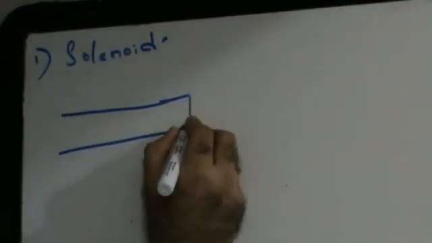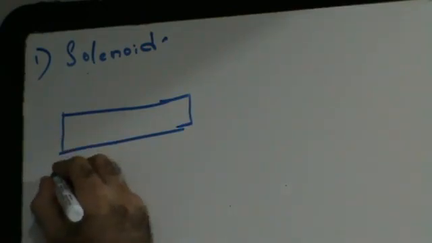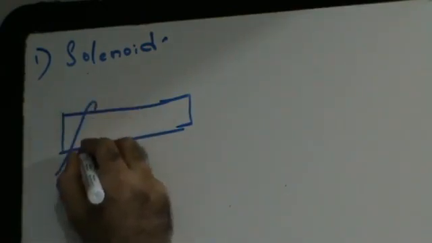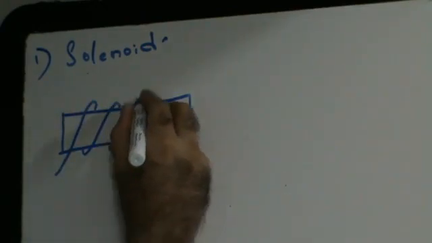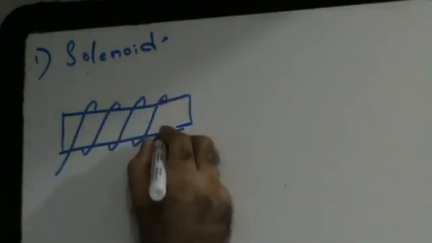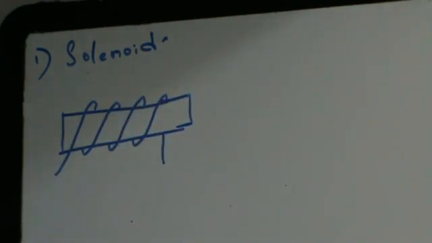Now a solenoid is nothing but a tightly wound helical loop of insulated wire such that its length is comparable to the radius. That means, suppose if I had a magnetic material here, and if an insulated wire was wound on it, then that would constitute a solenoid.